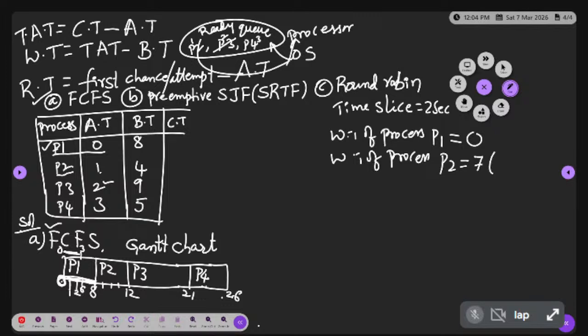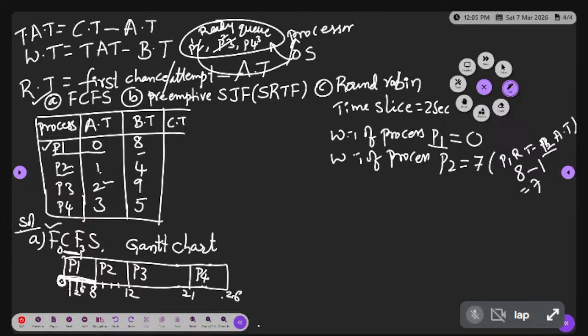How is it? Previous process P1 execution time, or running time, minus P2's arrival time. Previous process P1 running time is 8 seconds, but current process P2 arrived after 1 second. So this is 7. This is one way.